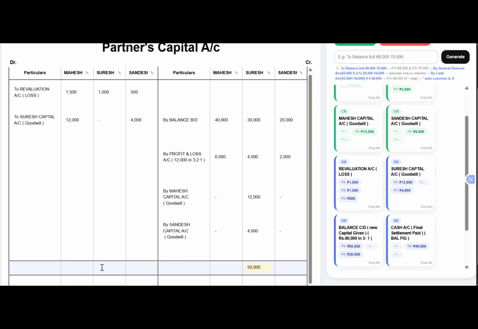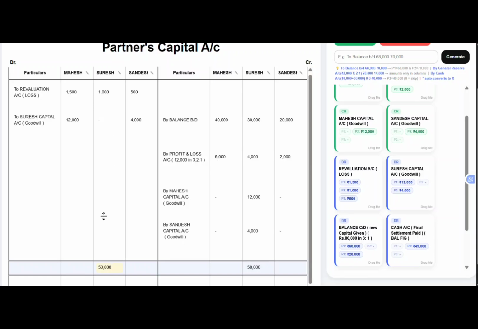50,000. So he should be paid rupees 49,000. That is 50,000 minus Suresh's debit 1,000 rupees. So 49,000 is the amount that has to be paid to Suresh as a final settlement.